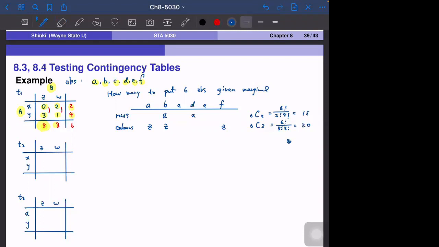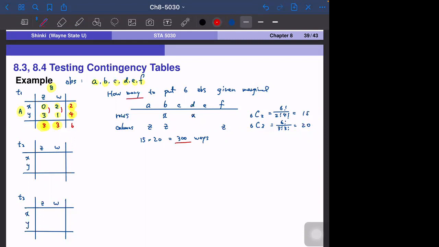So in total, 15 times 20, since rows and columns are assigned independently. So 300 ways to achieve this marginal given 6 observations. So in total, we have 300.